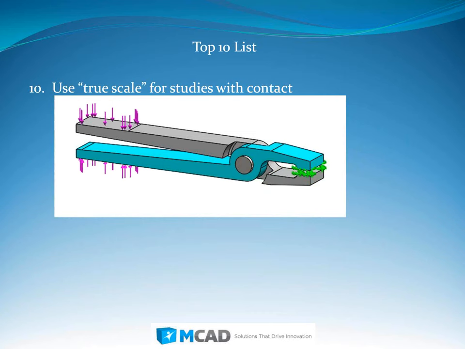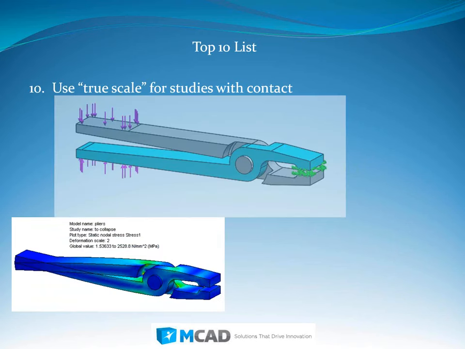So if, for example, we wanted to simulate the squeezing of the handles such that we collapsed them and they touched on the end there, where you see some small split lines on the pliers, then it would be important for us to use a true scale.